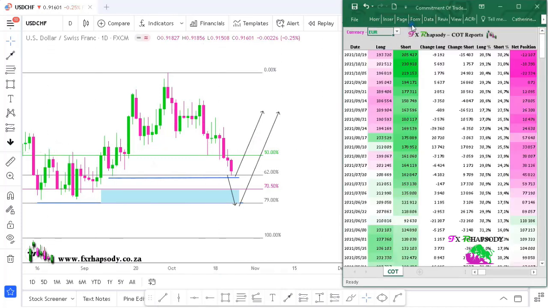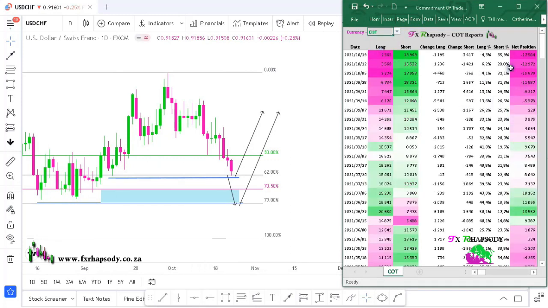Let's have a look at the COT reports. What does it say? What are the big banks and institutes doing? So you can see here that there are about 1,200 longs being closed in the market, and a big amount of shorts, not big, but it's still pushing this net position to a bigger negative. Which means the Swiss franc is basically getting weaker.